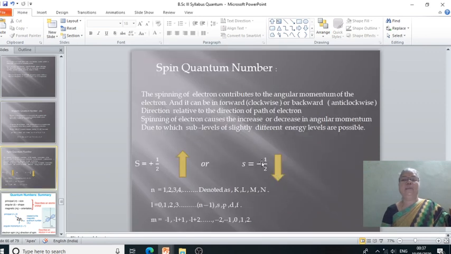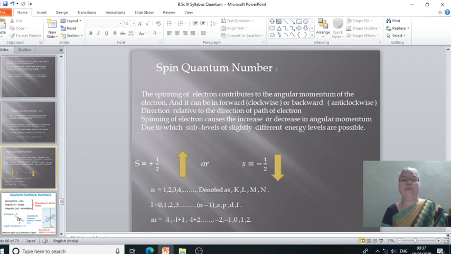Then the last quantum number, spin quantum number, and spinning electron, it contributes to the angular momentum of the electron, and it can be in either forward direction or backward direction, relative to the direction of path of the electron.